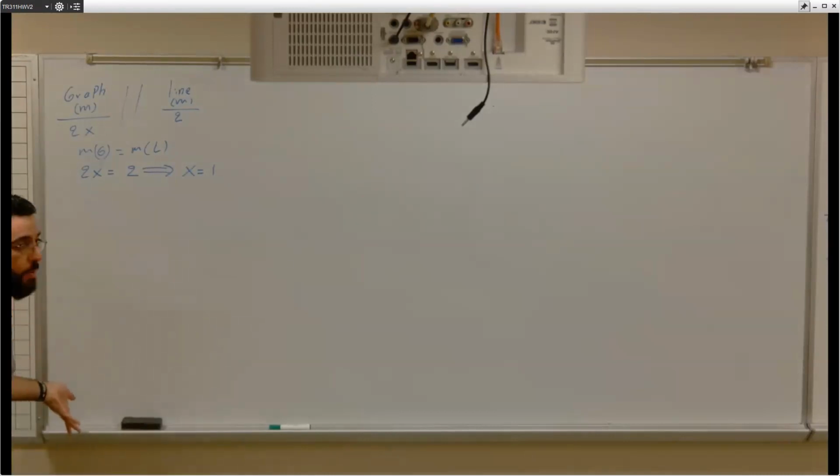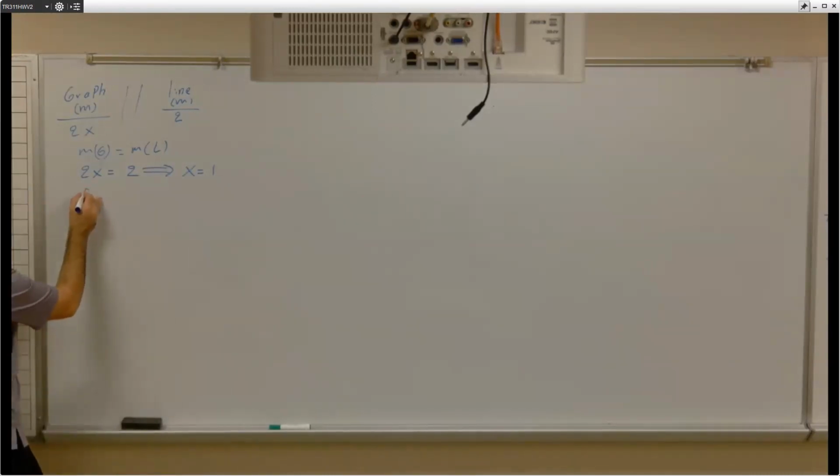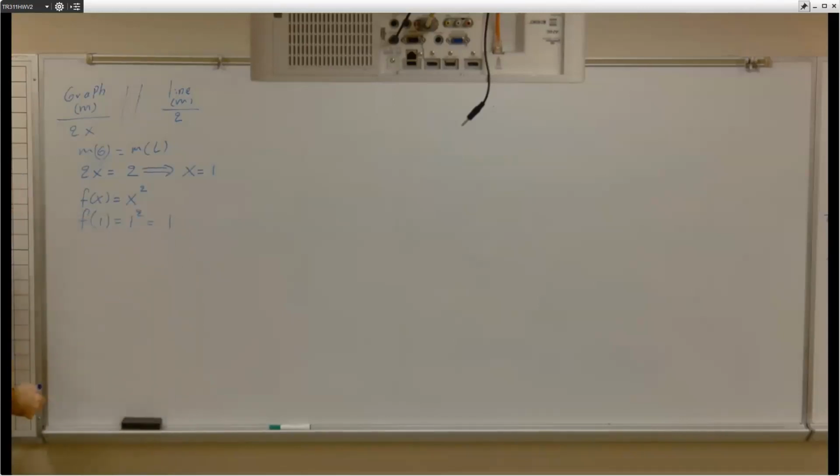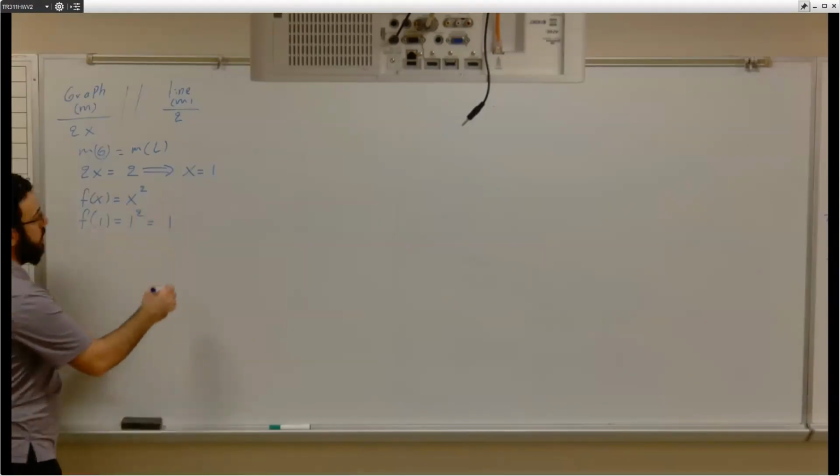Can I find the y? Yes. Our graph is f of x equals x squared. That means f of 1 is going to be equal to 1 squared, which equals 1. So how much is the y? x is 1. How much is the y? 1. f of 1 is the same thing, the y value when x equals 1. So in this case, y equals 1.